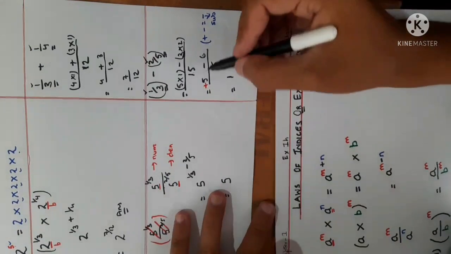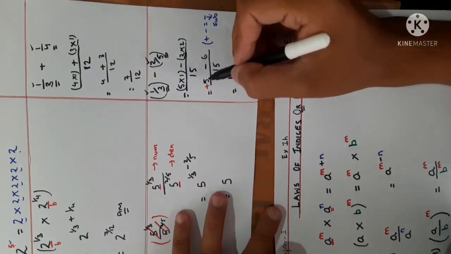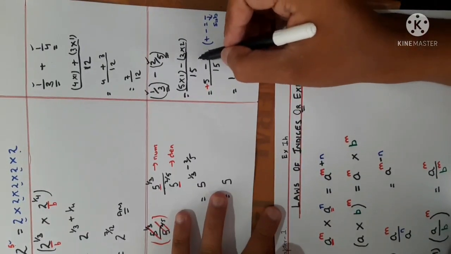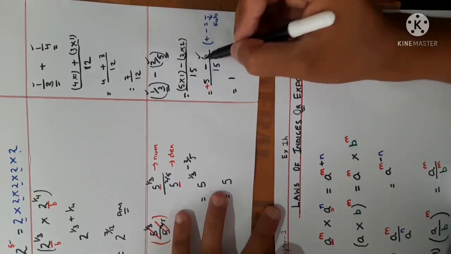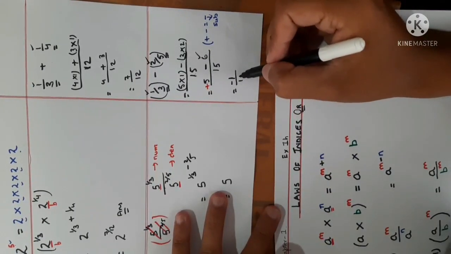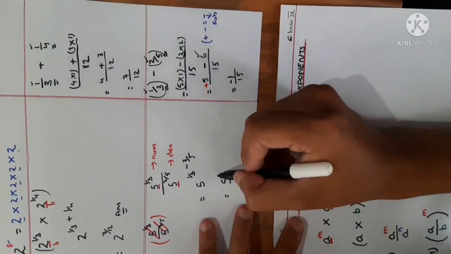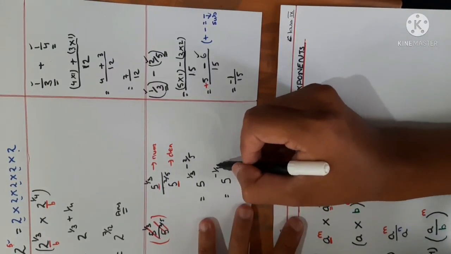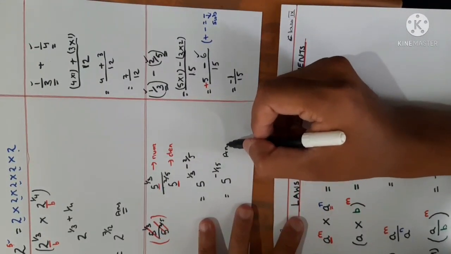And next, we put the sign of the greater number. Which is greater, 5 or 6? It is 6, and the sign of 6 is minus. So we put minus: minus 1 by 15. And this is the answer.